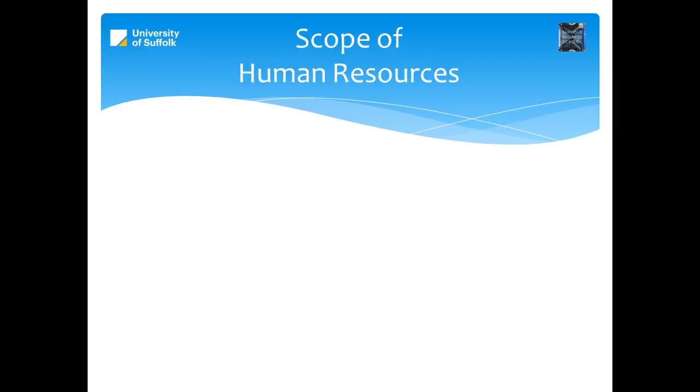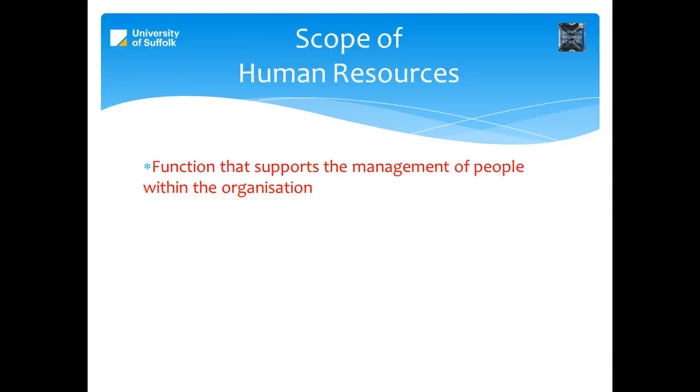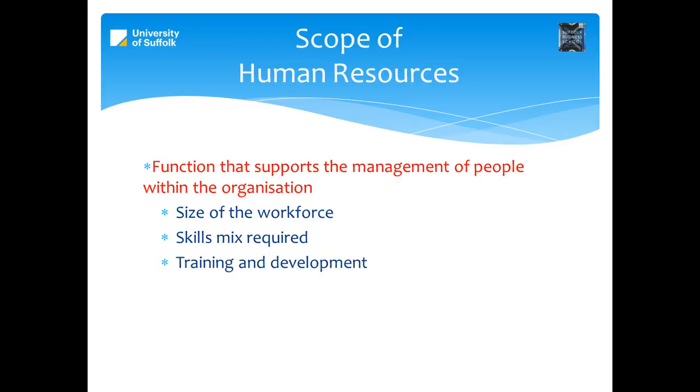If we look at the scope of human resources, it's a function that supports the management of people within the organisation. It's the size of the workforce: how many people are needed in the whole organisation? The skill mix required: what are the roles and what skills are needed to complete the tasks required for the business?